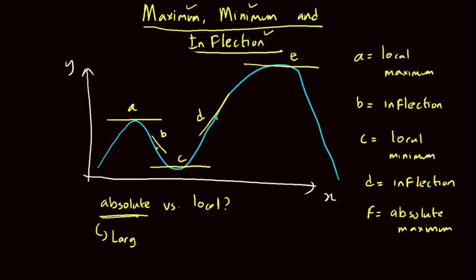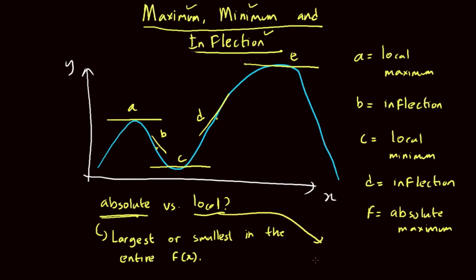If we're talking about absolute maximum, then we talk about the largest or smallest in the entire function. But local is just basically large or small points.